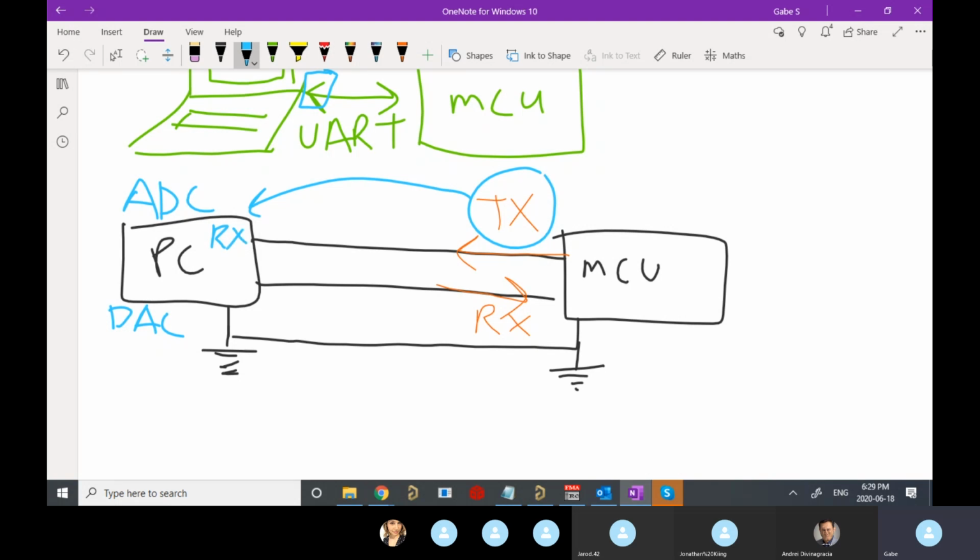What the MCU is transmitting, the computer needs to be receiving, right? And it's the exact same the other way. Whatever the PC is sending out, transmitting, the microcontroller needs to be receiving, right? So whenever you're connecting two things over UART, you need to make sure they cross, right? Transmit goes to receive, and receive goes to transmit. And sometimes that's a little bit confusing because that's not the same for all protocols, but for UART it definitely is.